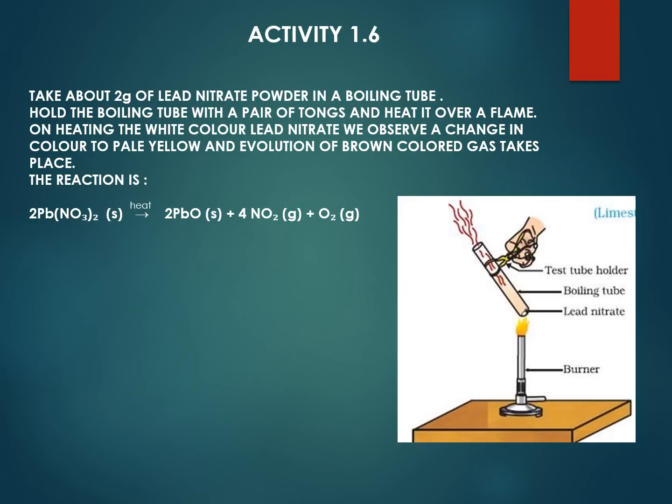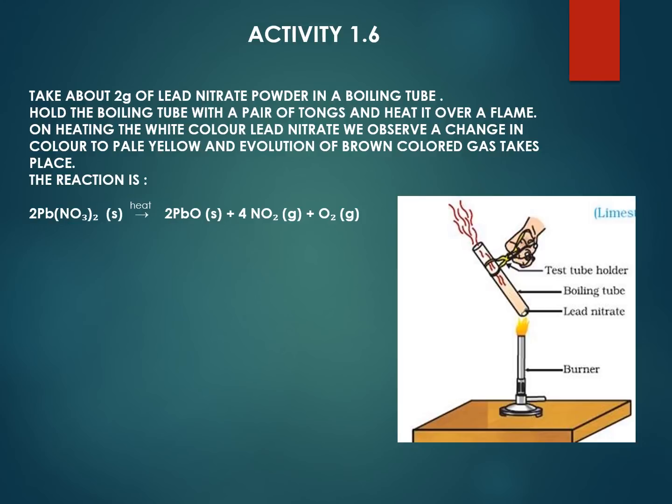Another activity in the NCERT book, activity 1.6. Take about 2 to 3 grams of lead nitrate crystals. Lead nitrate is a white solid, and take it in the boiling tube and start heating it over a flame.